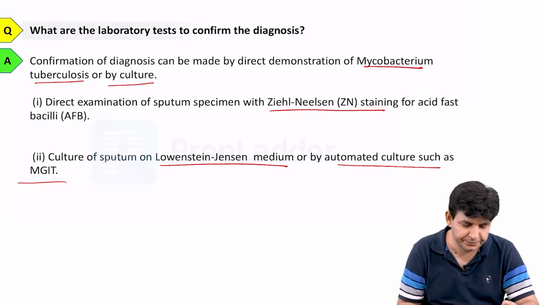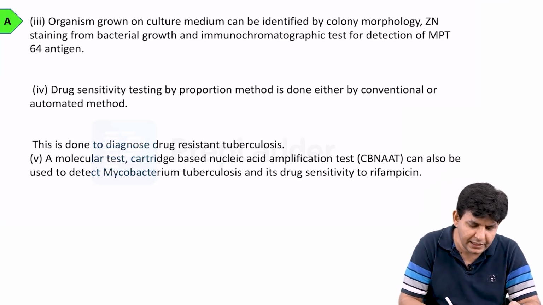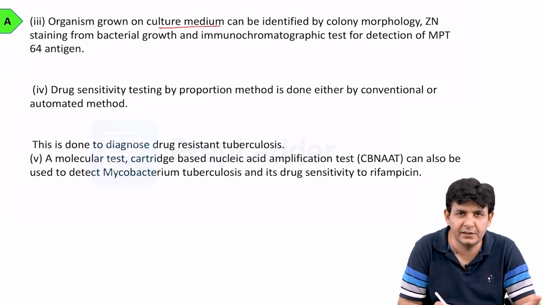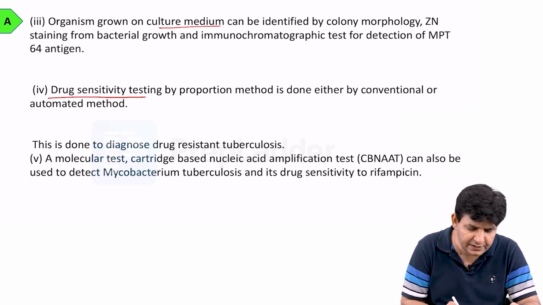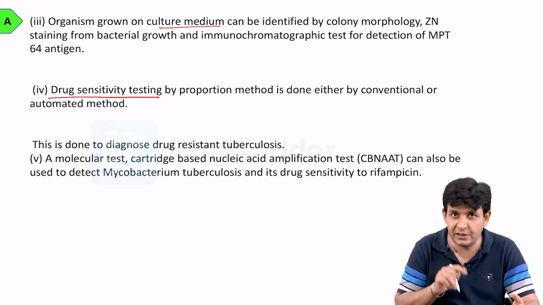Tuberculosis. Fine. Now guys, besides that, that organism can be grown on the culture medium, that is LJ, and it takes 6 to 8 weeks, with rough, tough and buff colonies. Drug sensitivity testing can also be done by various methods, but Kirby-Bauer is not done here.